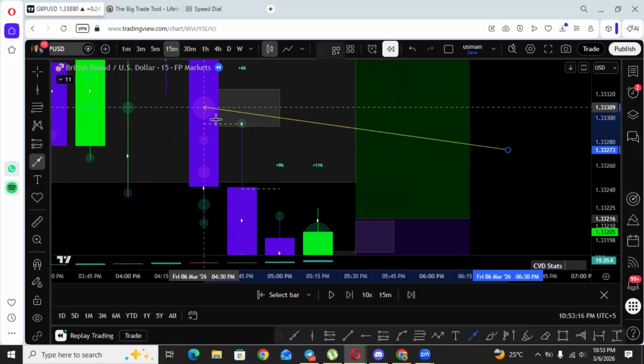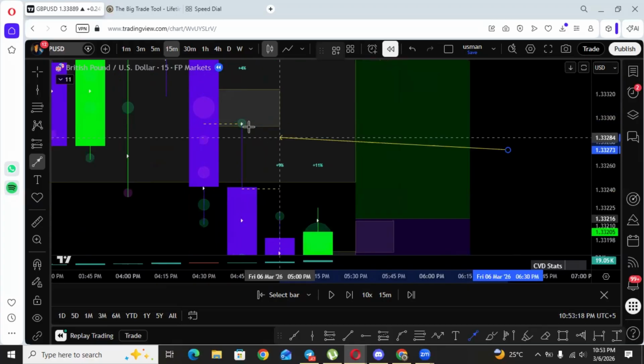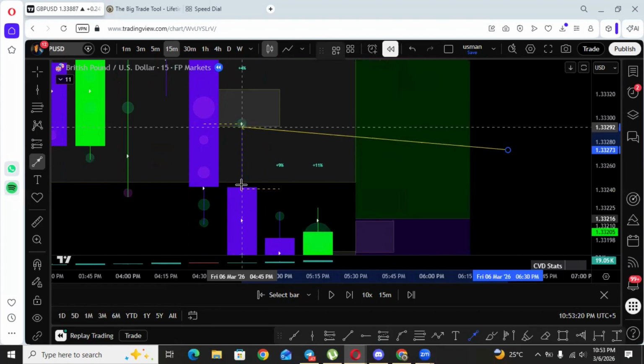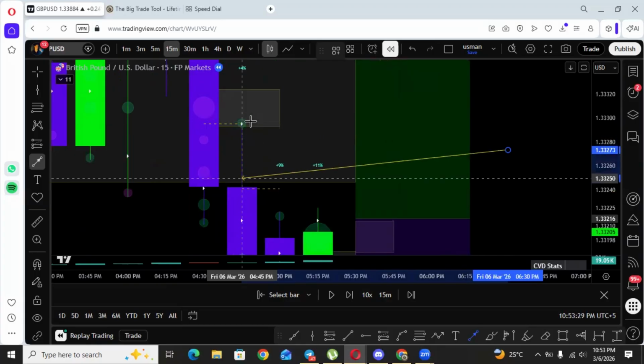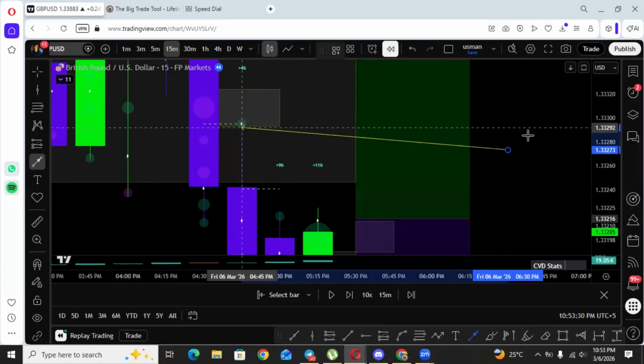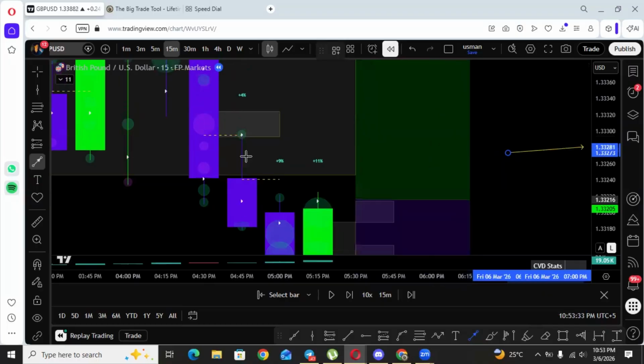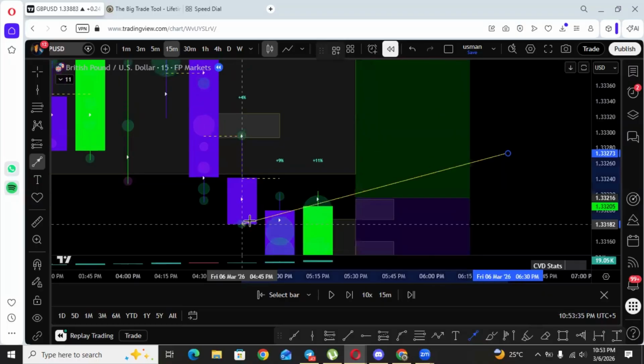There was a strong seller at this point, and if buyers were not absorbed, they would have given a follow through to this buying aggression. But they failed to close the price above this aggression, and sellers pushed the price down. Buyers were absorbed at this level, and the sellers closed the candle like this.